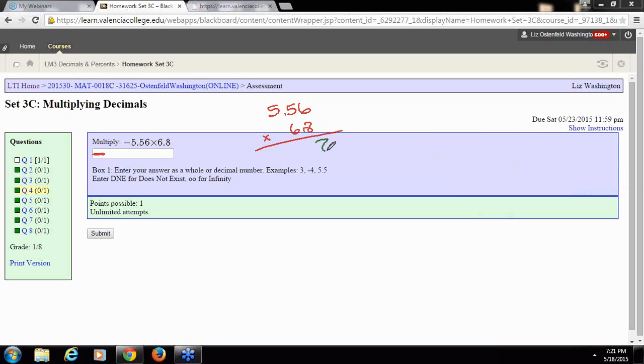So I'm going to go ahead and start. My 6 times 8 is 48. 5 times 8 is 40 plus 4 is 44. 5 times 8 is 40 plus 4 again, 44. Again, when I go to multiply the 6, I'm going to indent a space. 6 times 6 is 36. 6 times 5 is 30 plus the 3. 6 times 5 is 30 plus the 3.